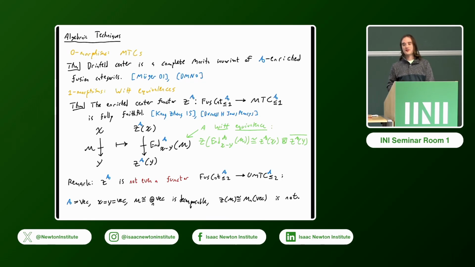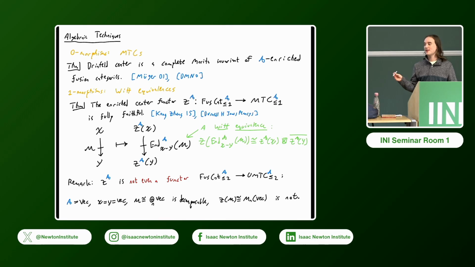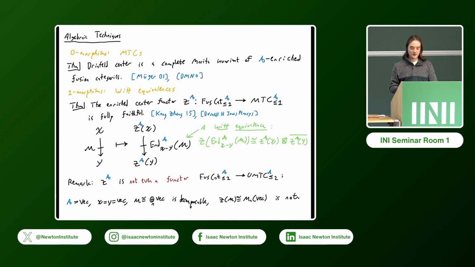So first of all, zero-morphisms. If the zero-morphisms, the things that parameterize codimension 0 defects, i.e. the bulk theories, are fusion categories up to Morita equivalence, what's my Morita invariant replacement for that? It is just the center that I mentioned to you previously. It's the theorem that the center is a complete Morita invariant of A-enriched fusion categories.